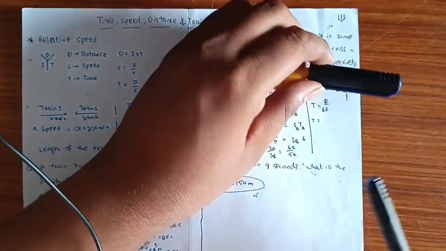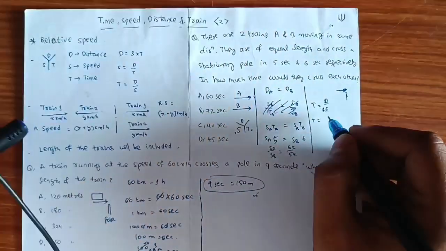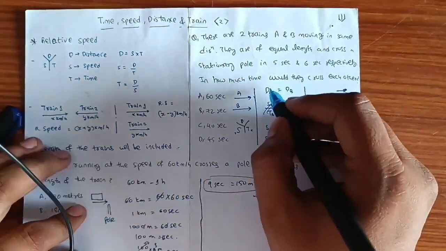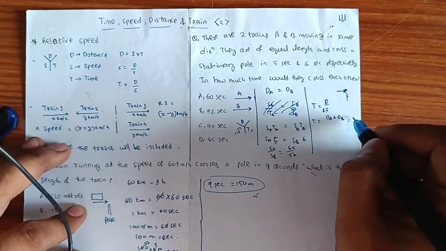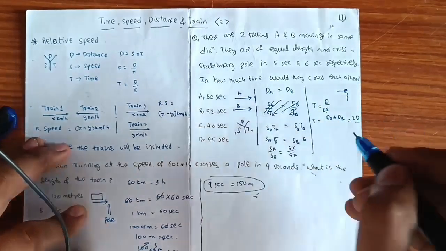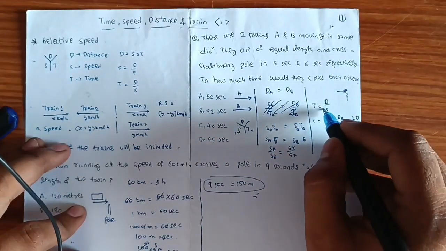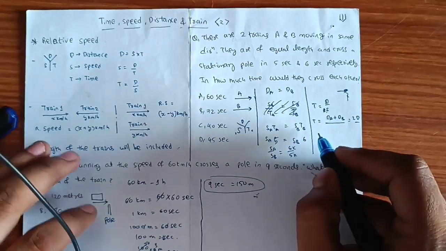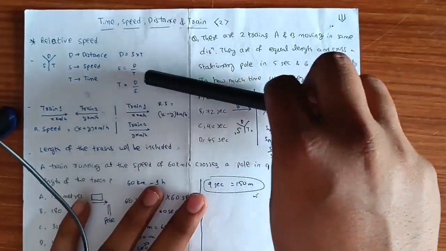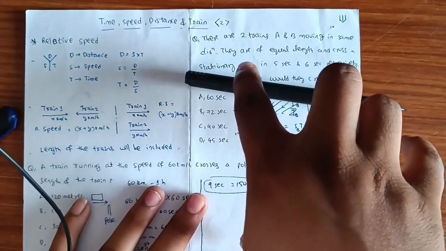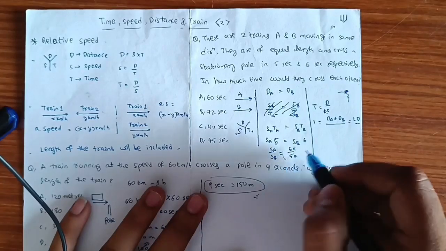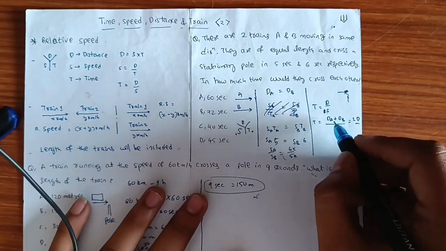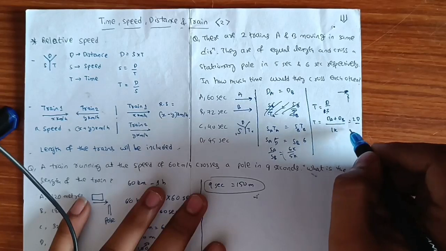Here the lengths are the same, so dA plus dB equals 2d, divided by the relative speed. When trains are moving in the same direction, we take the difference of the speeds. The difference of 6k and 5k is 1k.